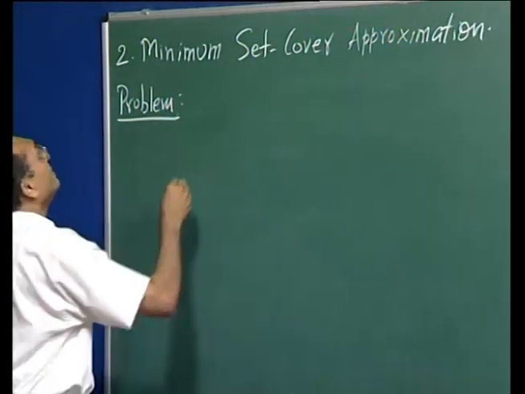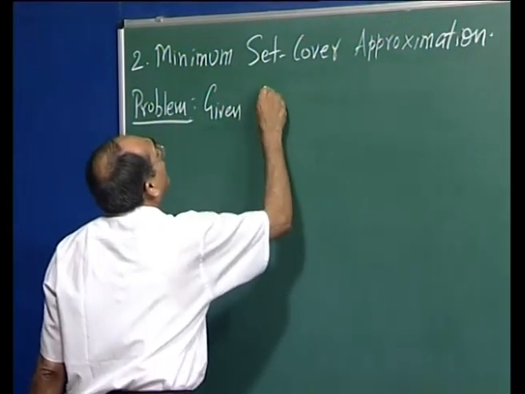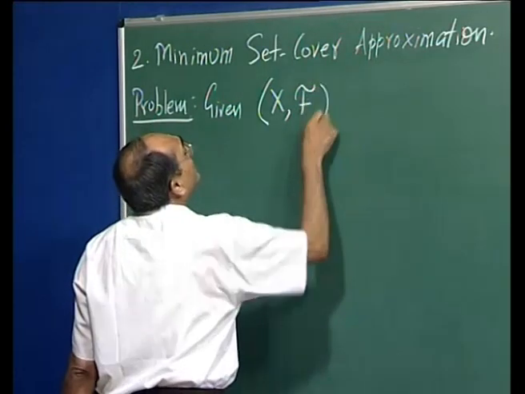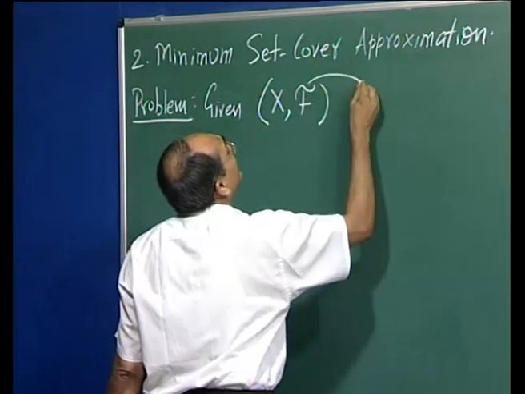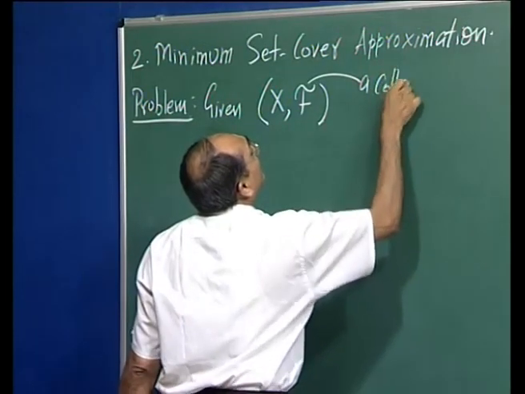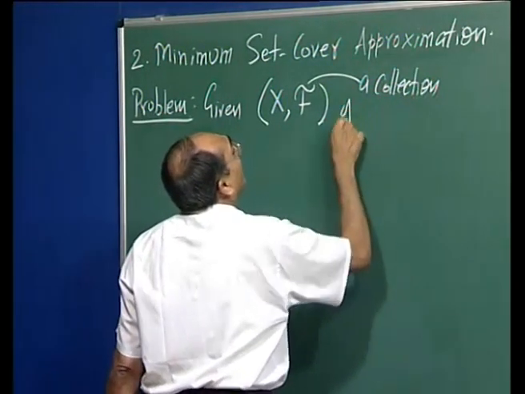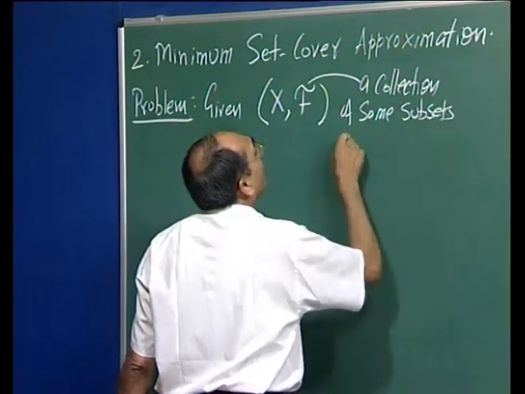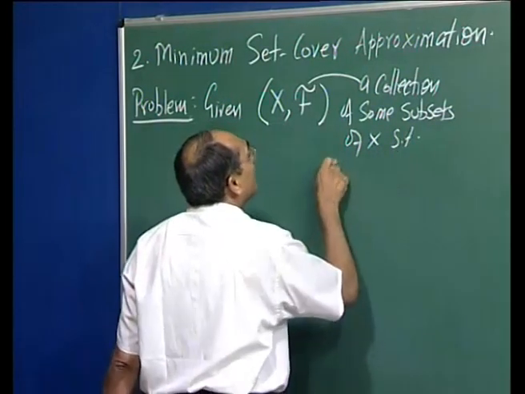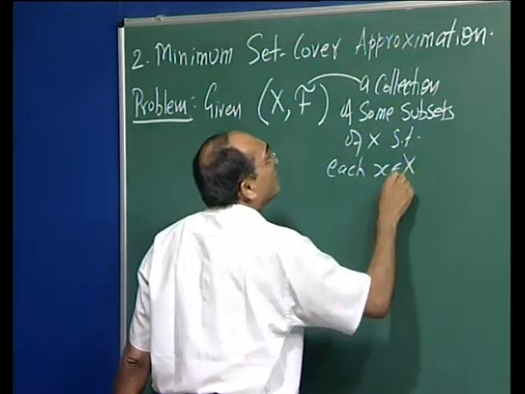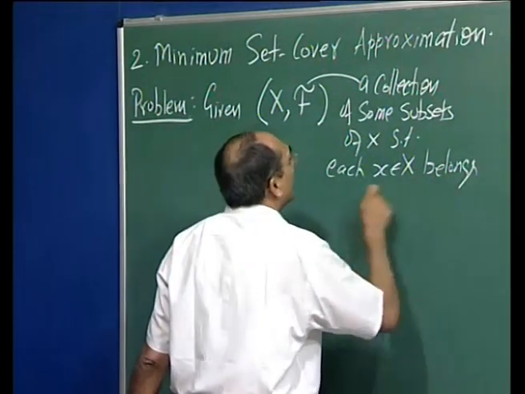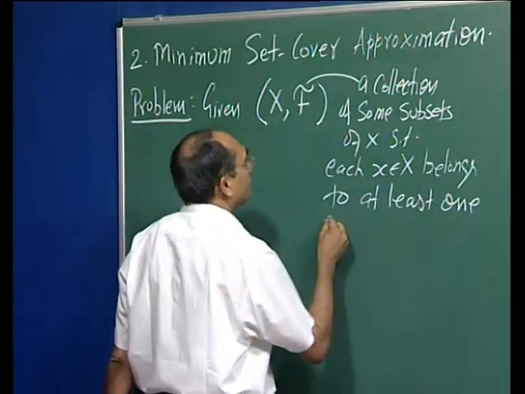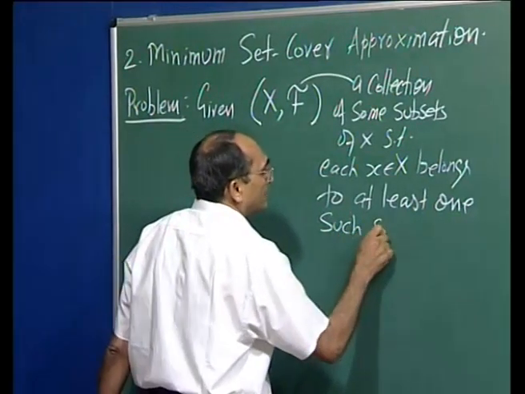So suppose we are given a tuple X and a family of subsets of X, a collection of some subsets of X such that each X in X belongs to at least one such subset.